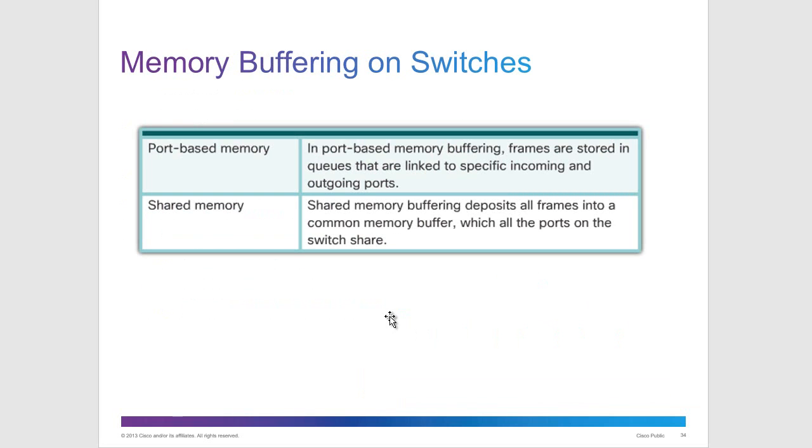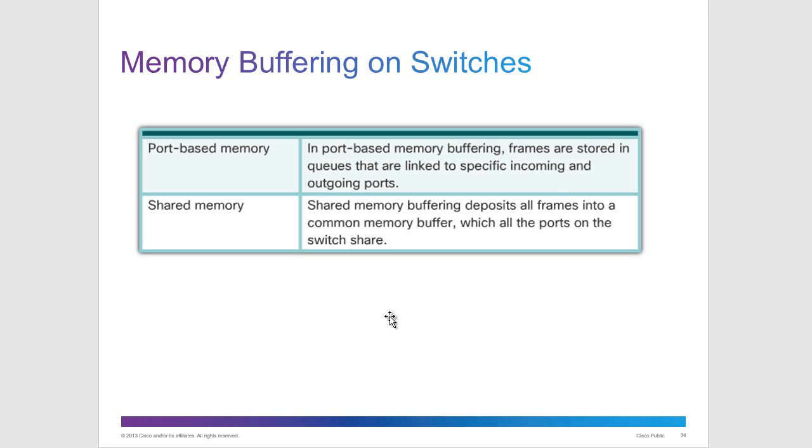So how do switches store MAC address tables and the things they need to remember in their memory? They've got two different methods. Each port can have memory associated with that particular port. So each port will have a certain amount of MAC addresses it can store, and when that runs out, it'll have to start purging some of those MAC addresses.